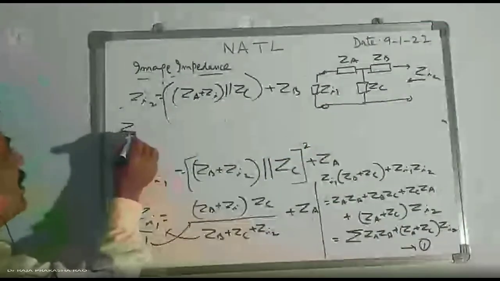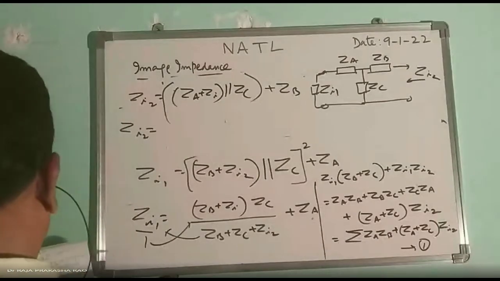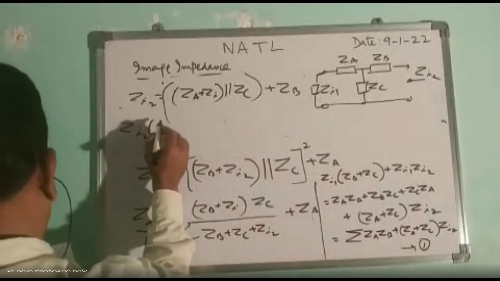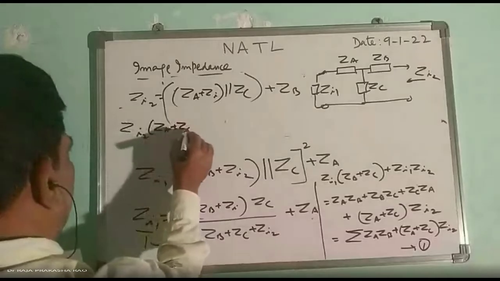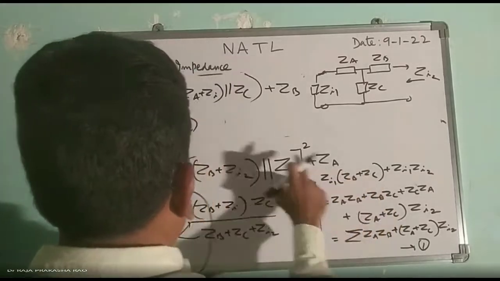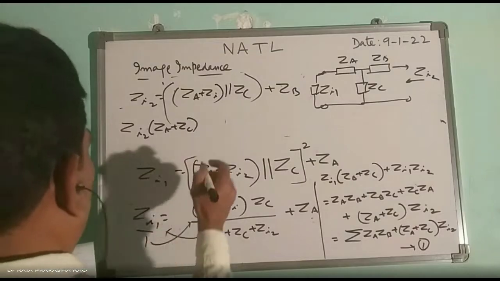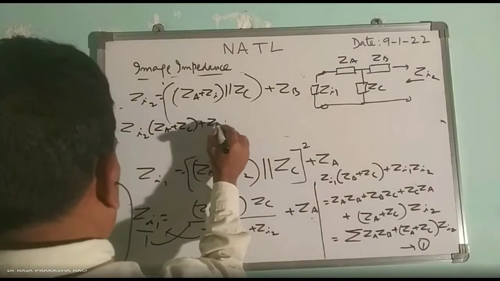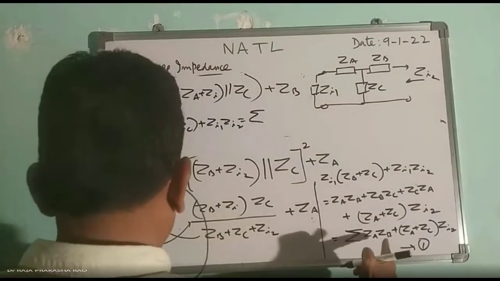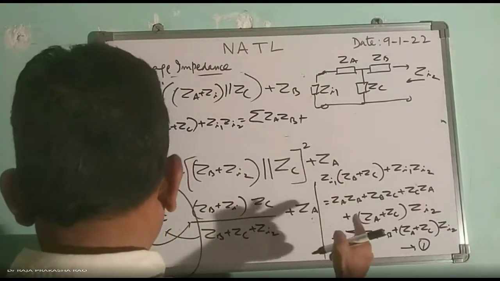So after simplification, this equation will be reduced to ZI2 into ZA plus ZC, and here ZI2 into ZB plus ZC, we will get ZA plus ZC, plus ZI1 ZI2 is equal to sigma ZA ZB, plus ZB plus ZC.